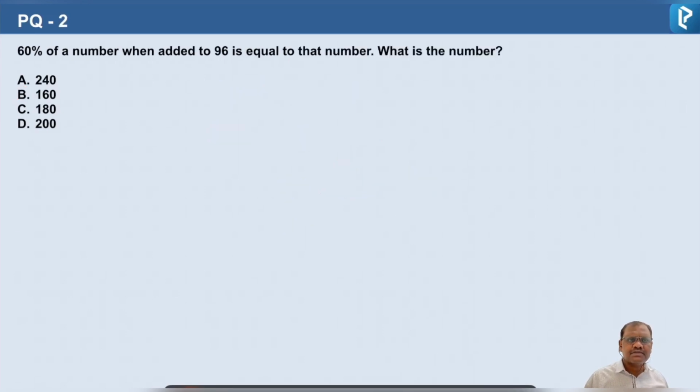Question number 2. 60% of a number when added to 96 is equal to that number. What is the number? Again, let us assume the number as x. 60% of x when added to 96 is equal to that number.